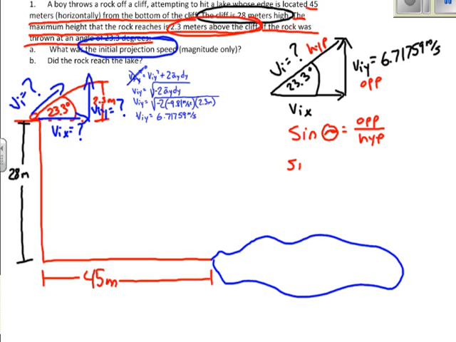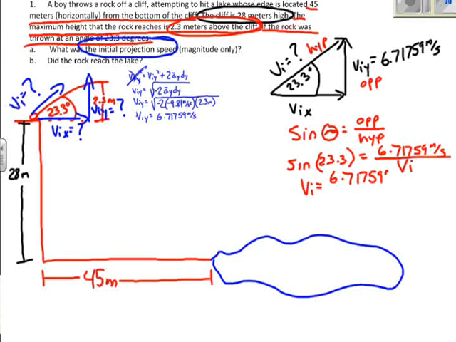Our angle is 23.3 degrees, our opposite side is viy at 6.71759 meters per second, and we rearrange to solve for vi. Our initial velocity along that 23.3 degree angle works out to be about 16.98 meters per second.